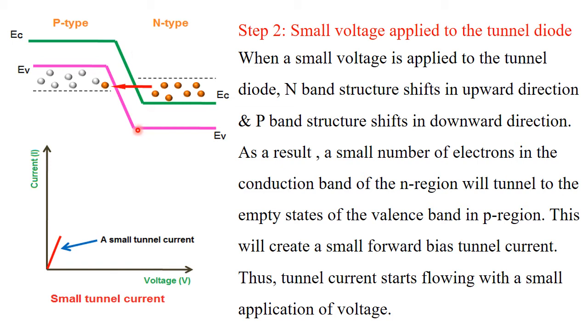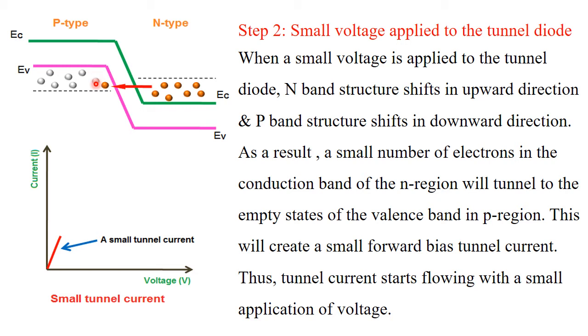Now, the depletion width is very small, and hence when we apply a small voltage across the tunnel diode, electrons in the conduction band start occupying the holes in the valence band of the P-type semiconductor.